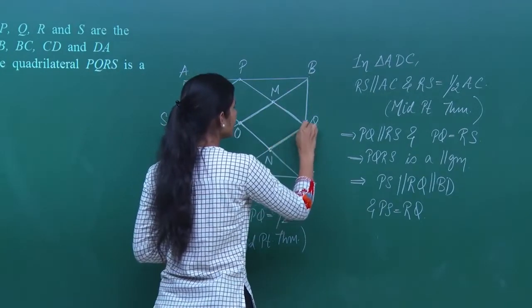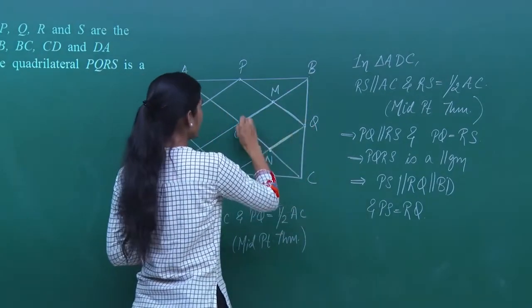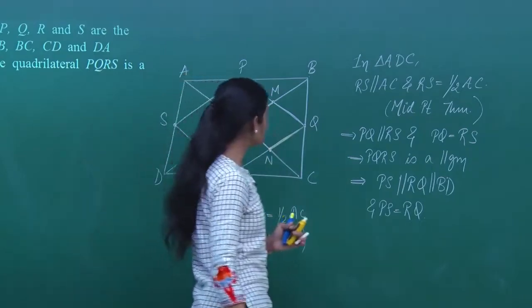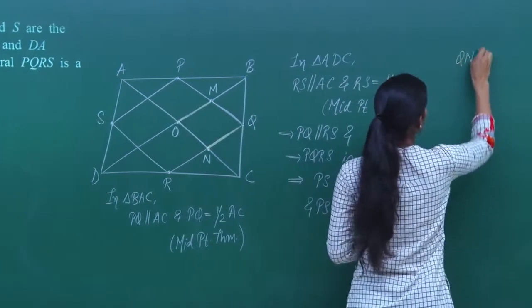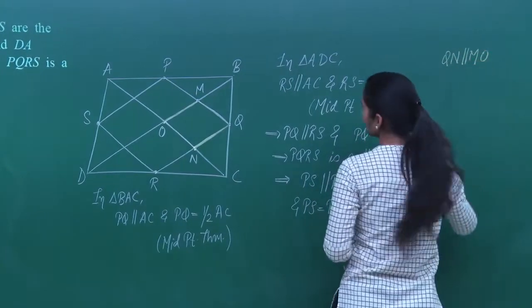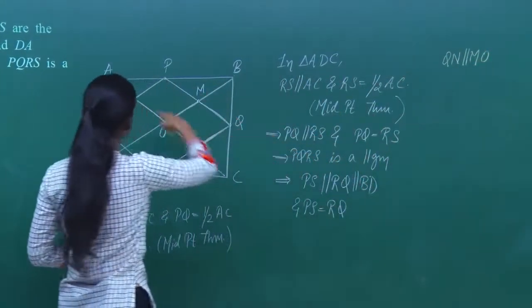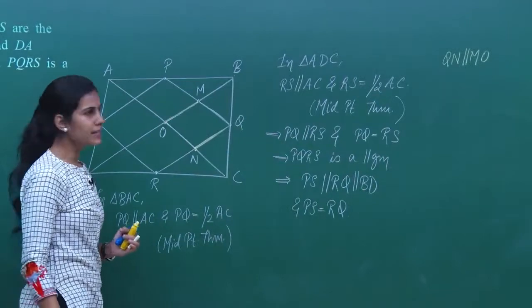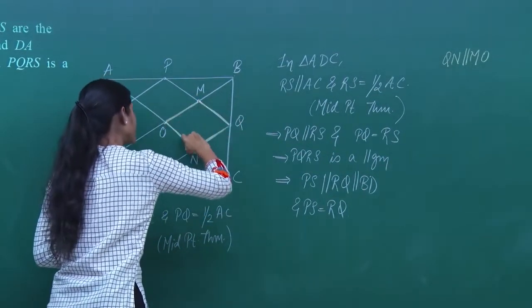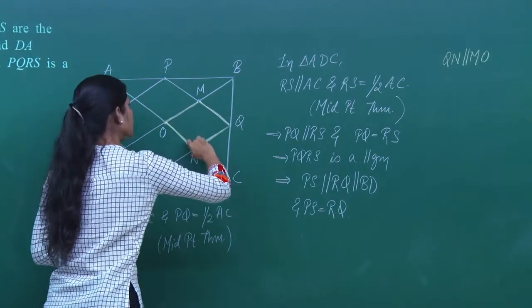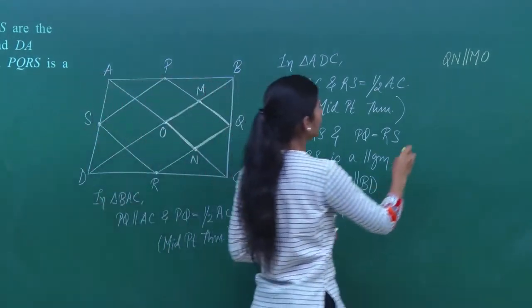You can say this is a part of RQ and this is a part of BD, so both these are parallel. QN is parallel to MO. Similarly, you know that PQ is parallel to AC, so any part of PQ is parallel to any part of AC. So you have MQ is parallel to ON.